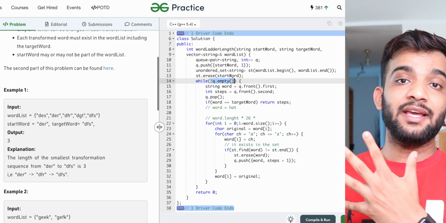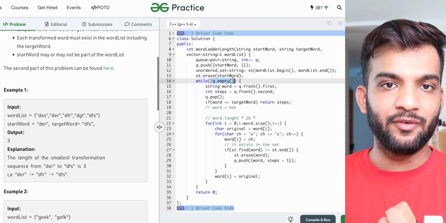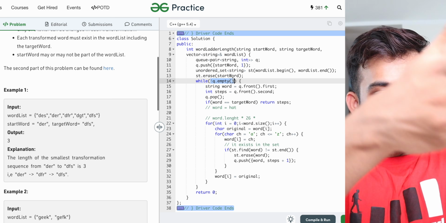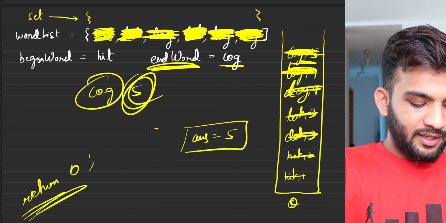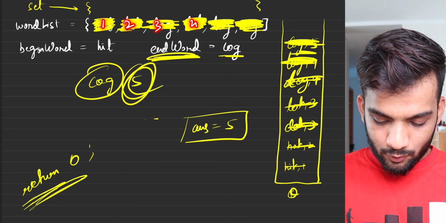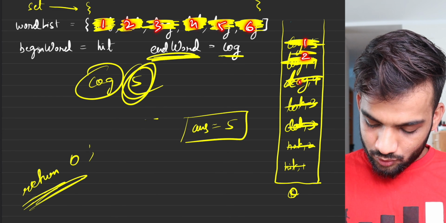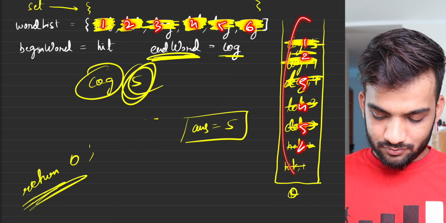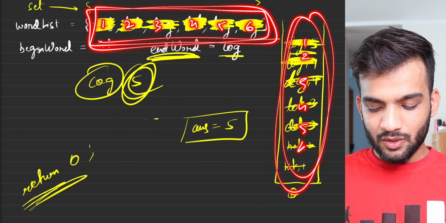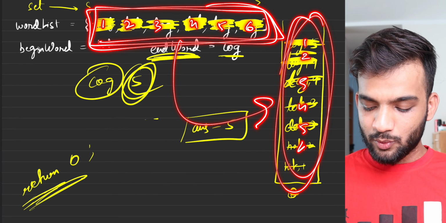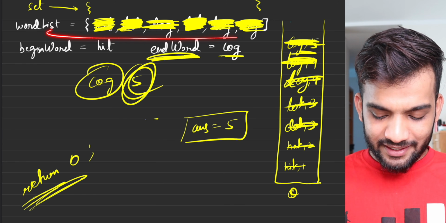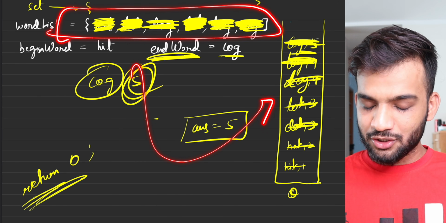At the worst case, you can do a lot of transitions. But if you carefully think, can I see the number of transitions? The number of words over here will be the number of times it will go into the queue at the worst case, because if it is not in the set of words, it never goes into the queue.